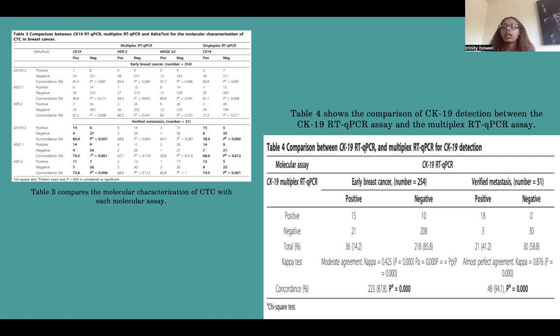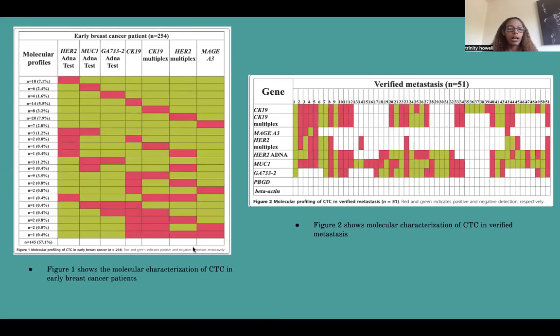Table 4 shows the comparison of the CK19 detection between the RT-qPCR assay and the multiplex RT-qPCR assay. So in this one, the ADNA-test breast cancer kit was not used. Figure 1 shows the circulating tumor cells molecular characterization in early breast cancer patients, and figure 2 shows the circulating tumor cells molecular characterization in verified metastatic patients.